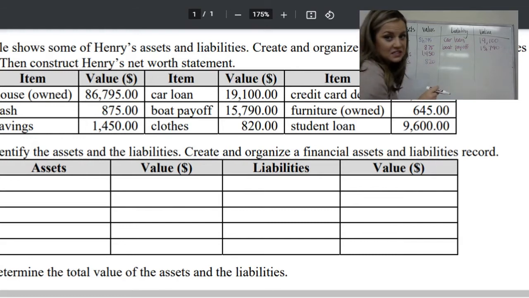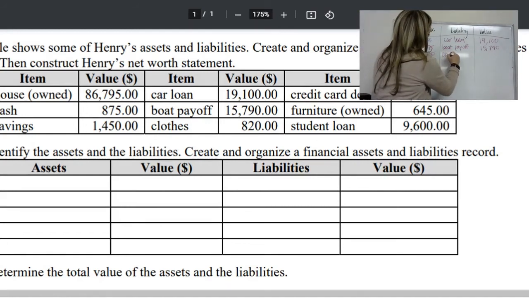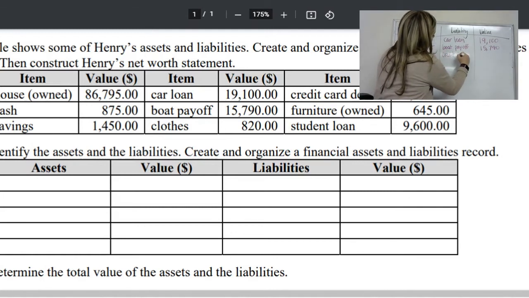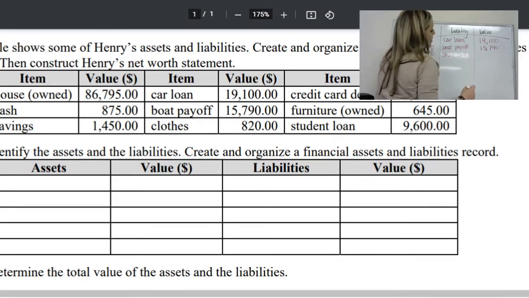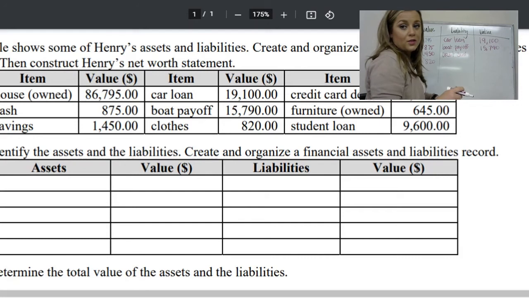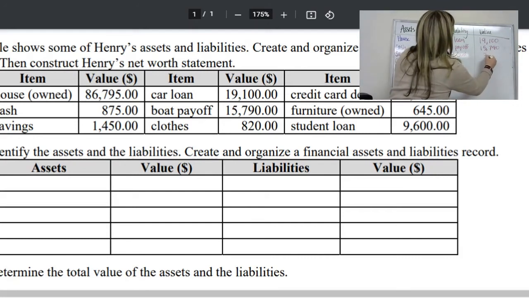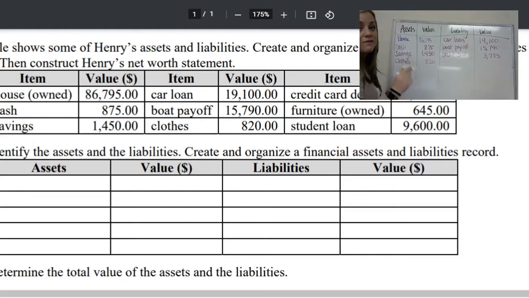Wow, he's a fancy man. Then we have credit card debt. That is obviously a liability. I'm just going to put credit card on here. Credit card is $3,785. Then we have furniture that he owns, furniture in the house.